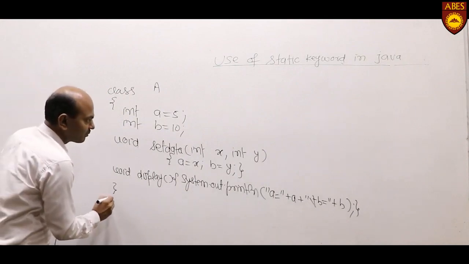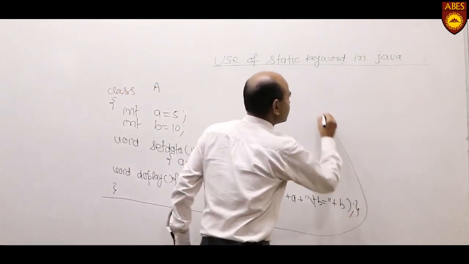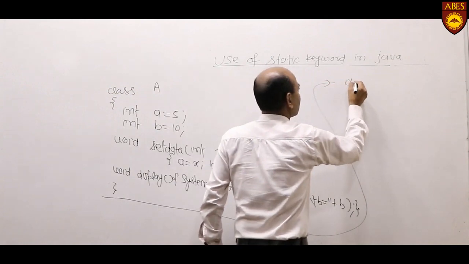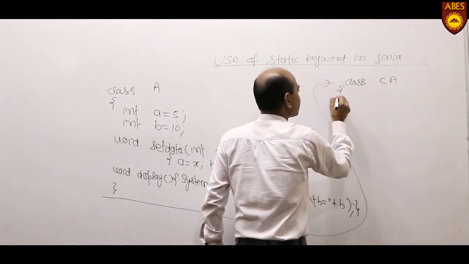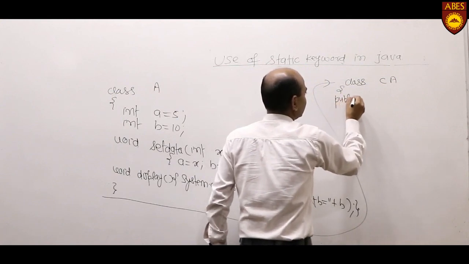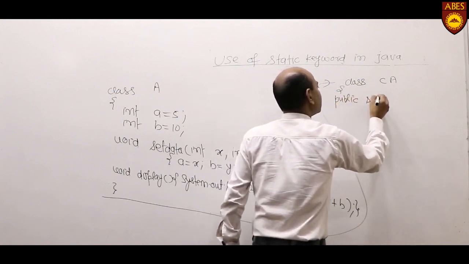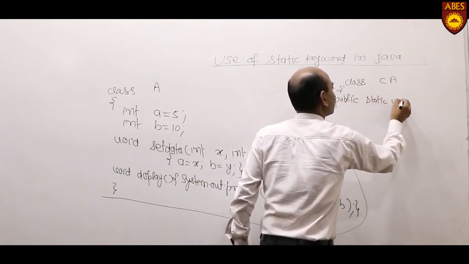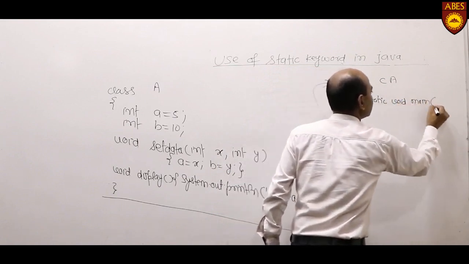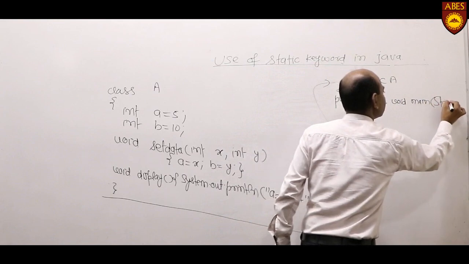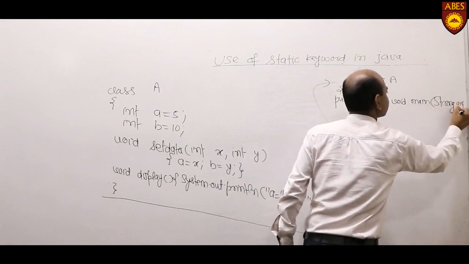So we will create one more class for this, that is called class CA, which has public static void main method with String args.